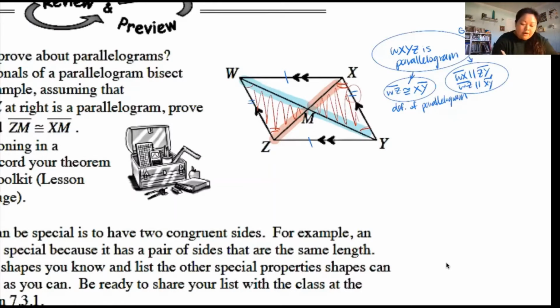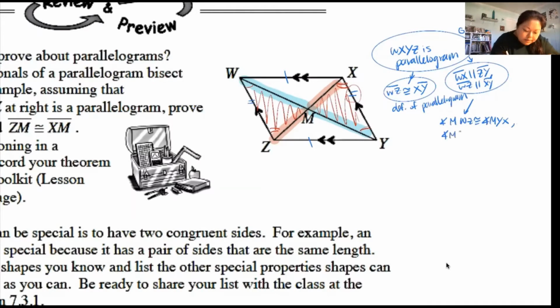All right, now what's more important? Because I have these parallel lines, I can now show the alternate interior angles. So now angle Z, actually let's not go that far. Angle MWZ is congruent to angle MYX, and then angle, you can do it in two separate bubbles, but because I don't have enough space, I'm doing the same bubble since they're the same reasoning and they came from the previous parallel line, so I can put them in the same bubble here.